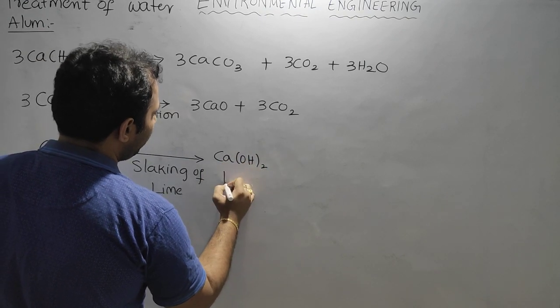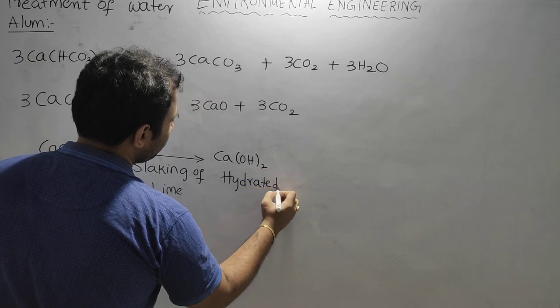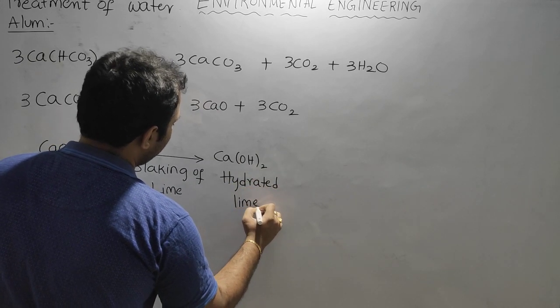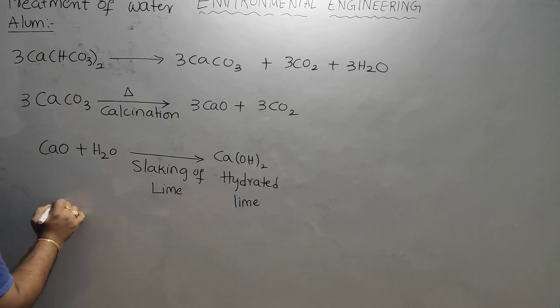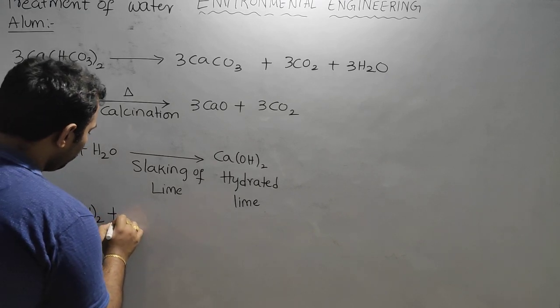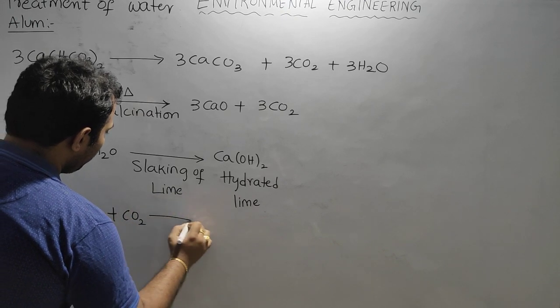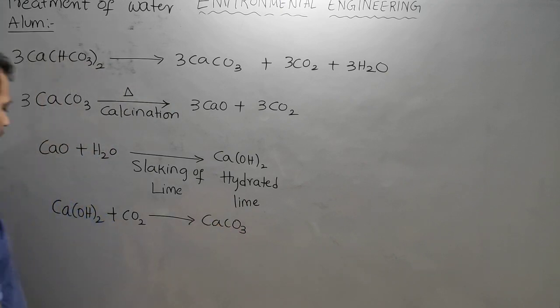This is called hydrated lime. Again, this hydrated lime is added with CO2, and it forms CaCO3 plus H2O.